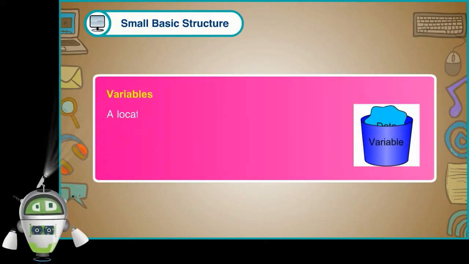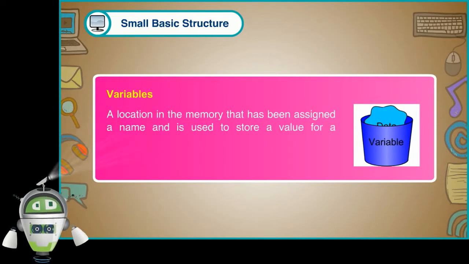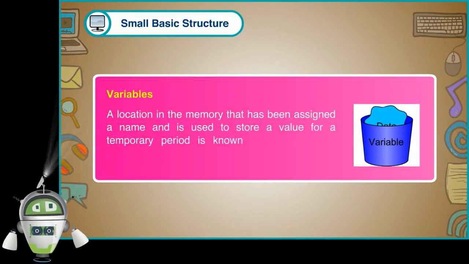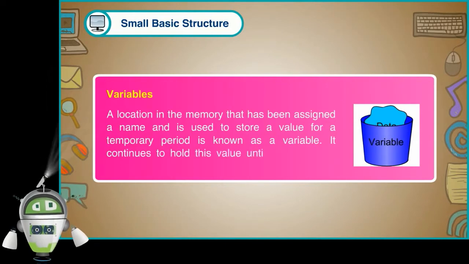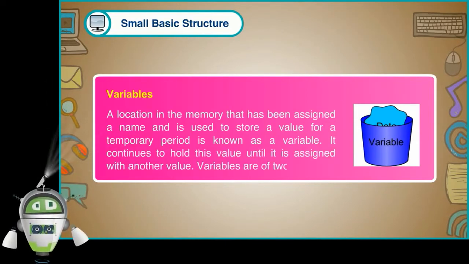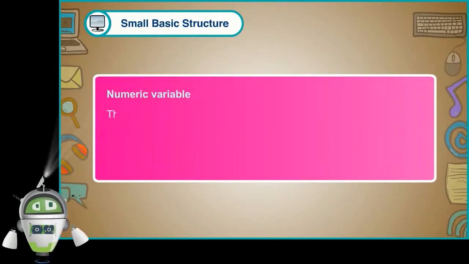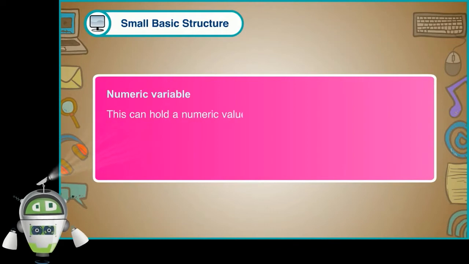Variables. A location in the memory that has been assigned a name and is used to store a value for a temporary period is known as a variable. It continues to hold this value until it is assigned another value. Variables are of two types. Numeric variable. This can hold a numeric value only.